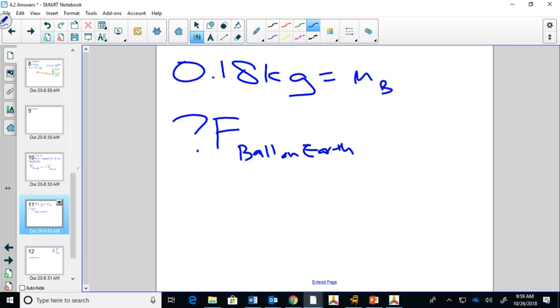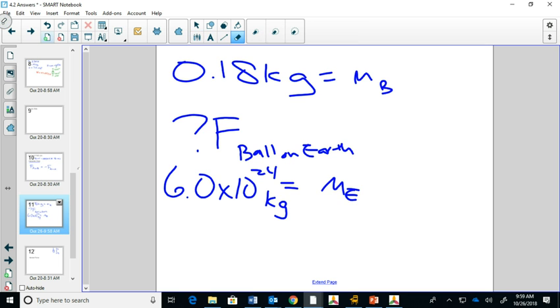And they tell you the mass of the Earth is equal to what? No, 9.80 would be the acceleration of gravity. What is the mass of the Earth? Look at the problem, friends. I don't expect you to know this number. What's the mass of the Earth? Ten to the 24 kilograms.